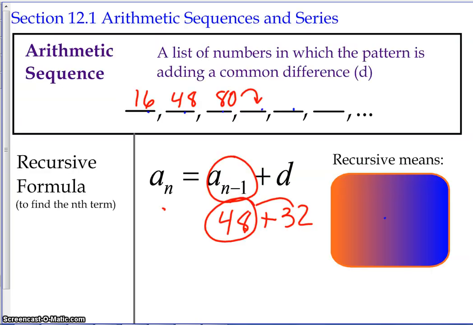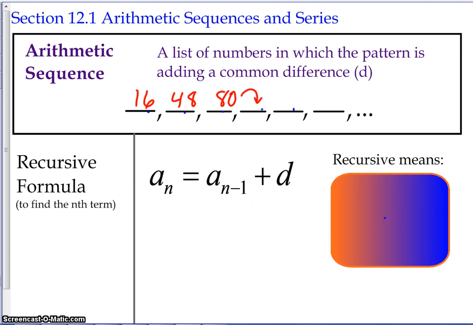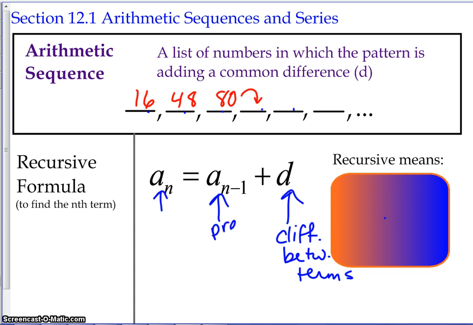So in this formula, let me show you this again. Let's talk about what everything means. We've already hopefully got that this is the difference between terms. This a sub n minus 1 is the previous term, the one right before.